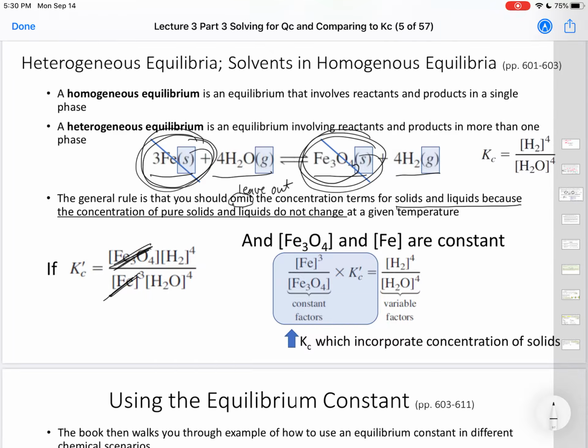Now, the reason that we can cross it out, quote unquote, is that we're really multiplying it to the other side. So what we're doing is we're multiplying this by the concentration of Fe, and we're multiplying this side by the concentration of Fe3O4. And we're going to do the same on this side.